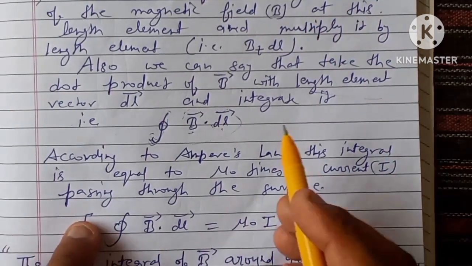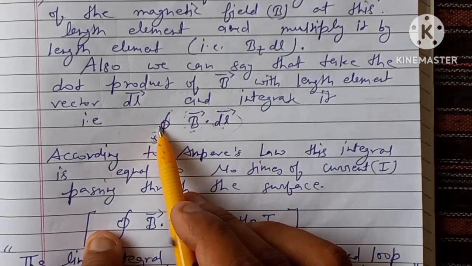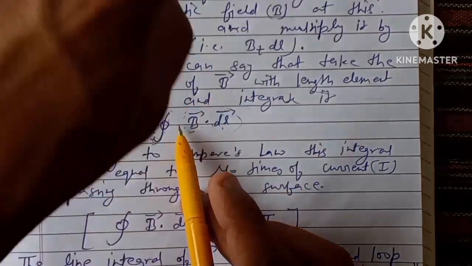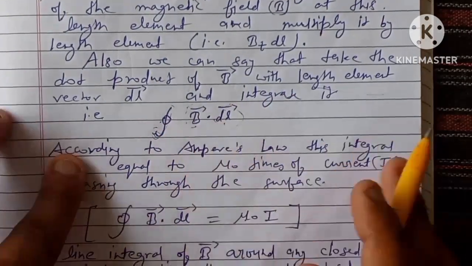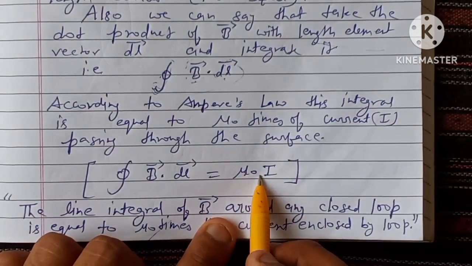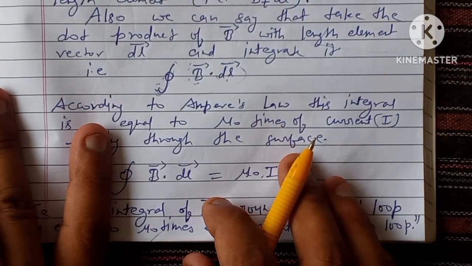Take a dot product of both, B vector dot dl vector, and integrate it around the closed boundary. So the value of this integral will be nothing but mu naught times the current passing through that open surface. Okay.